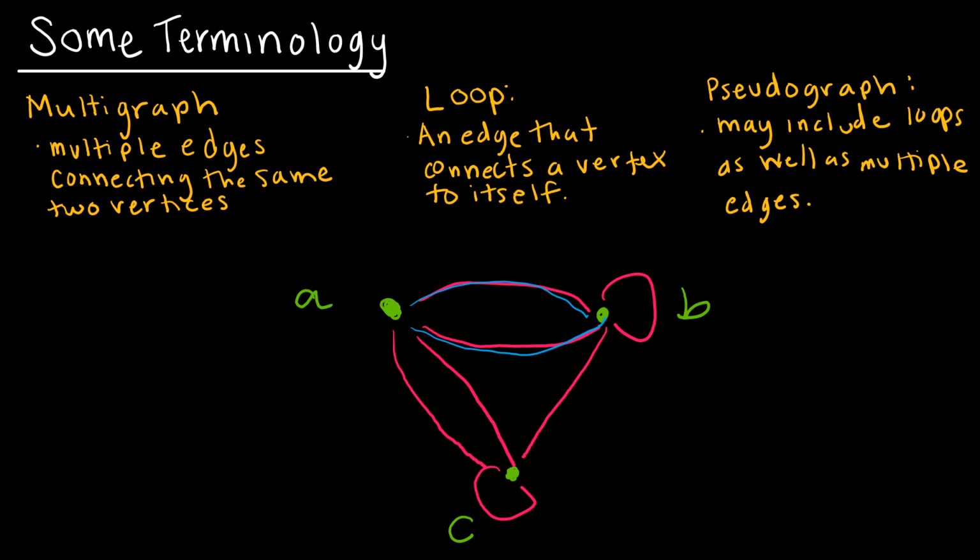A loop, again, we talked about that a little bit. A loop connects a vertex to itself. A multigraph actually would not contain any of those loops, but a pseudograph is what I have pictured here, which contains both multiple edges and loops. So it could include one or both.